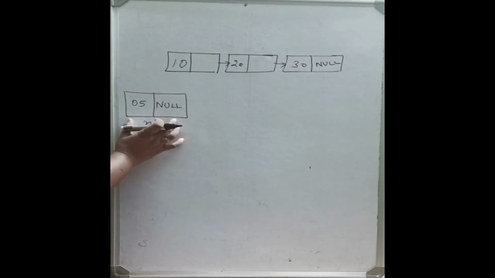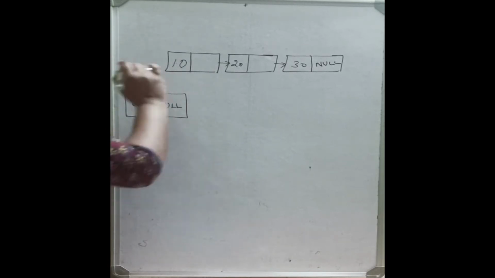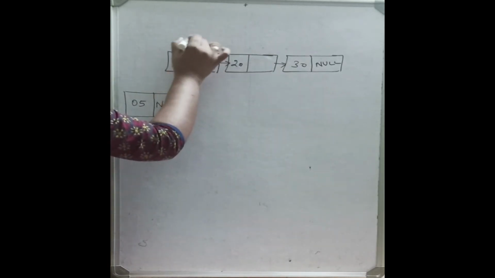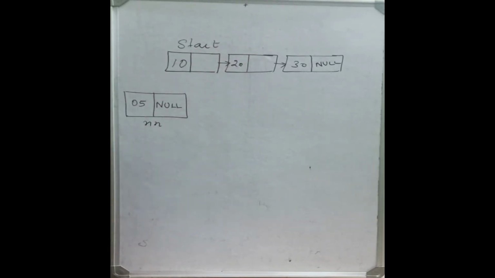Now this is my start node. In a list, the start pointer will always point to the first node. So if I insert this node here, this will be the first node. Before that, you have to create a link between this node and this node.